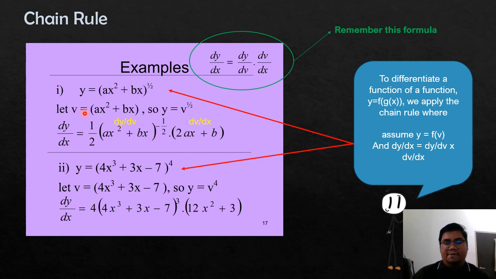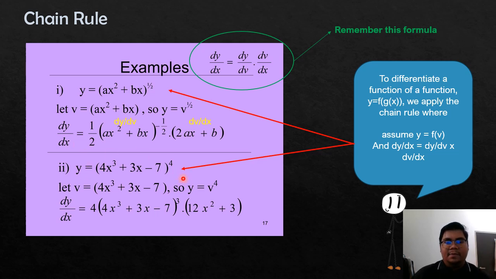V is equal to the expression ax squared plus bx, so we differentiate to get dv over dx, which is 2ax plus b. By multiplying all of these values together, we are able to find our intended expression, which is dy over dx.